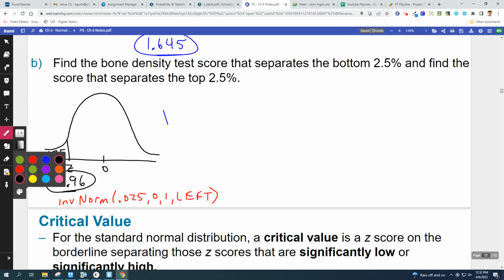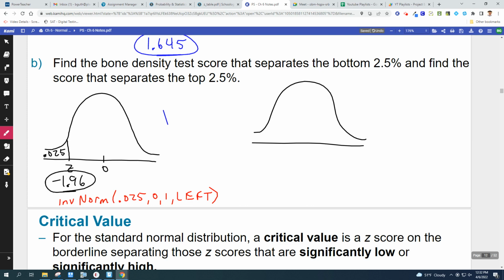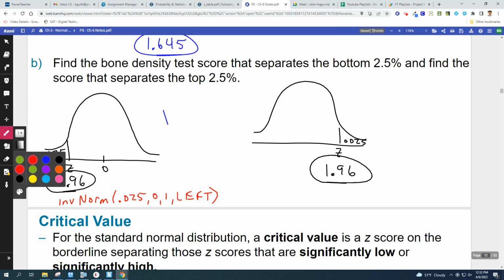So now we do the top 2.5%, and that means we're going over here. We want this z-score for the top. And since we know these graphs are symmetric, it's pretty easy to see that this is going to be 1.96. Symmetry. Go to your table, find, well, I guess if you use the table, you got to remember something special.